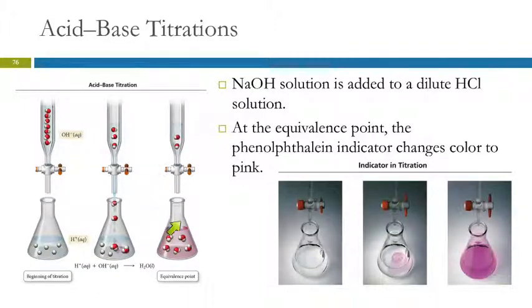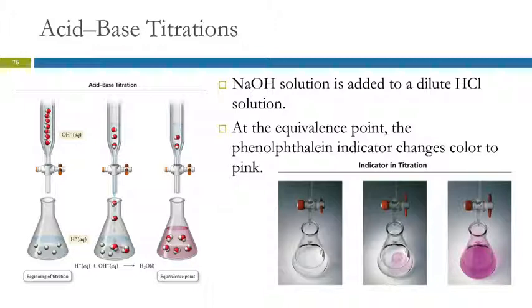When we get to just the right number, so here we had 5 hydrogen ions, and here now we have 5 water molecules. We've added 5 hydroxide ions, and those reacted with all the hydrogen ions. That causes the acidity of the solution to change, and our indicator turns pink.